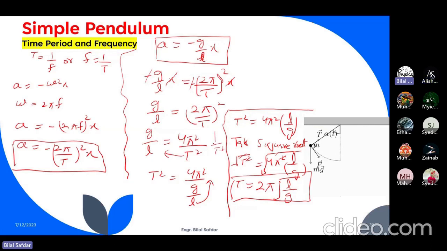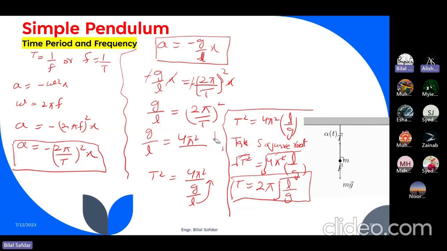That's why we are moving this T squared toward the left side. Sir, but T will be left alone when we take the 4 pi squared to the other side, I guess. Yes, but is it in the denominator? Okay, sir. Yes, okay, I get it.